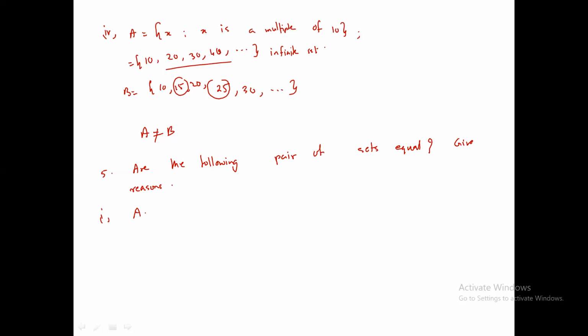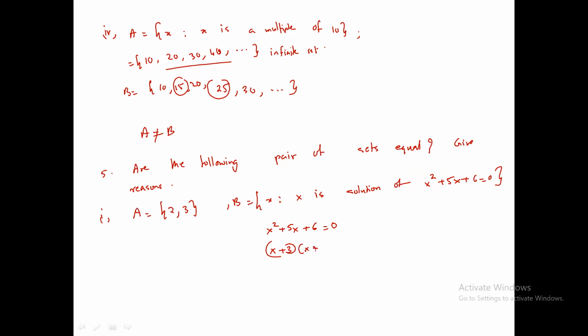First one, set A is having elements 2, 3, and B is having elements X such that X is a solution of X square plus 5X plus 6 equal to 0. So first we will take the equation X square plus 5X plus 6 equal to 0. We will find the solution by factorizing it.